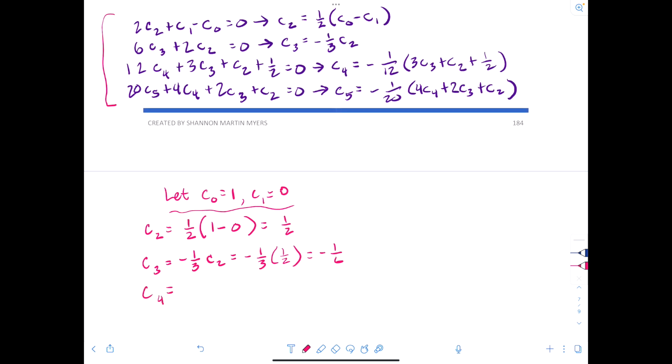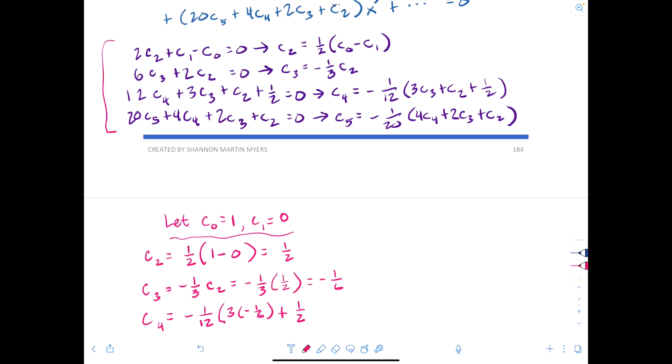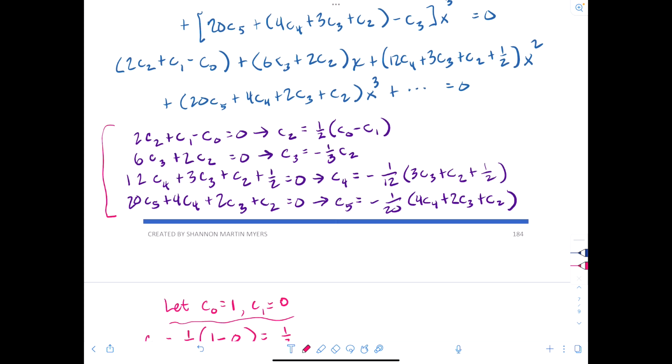C4 will be negative 1/12 times 3C3, so 3 times negative 1/6, plus C2, and C2 was 1/2, and I'm looking over here.